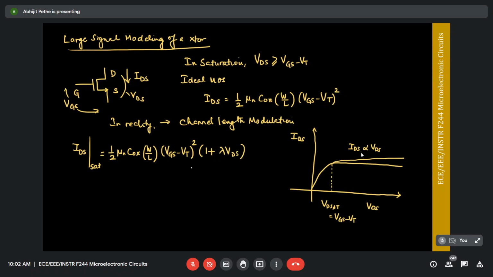And again, remember, this is a model. Physically, it does not have a meaning. The reason we use this model is that it approximates the behavior of the transistor very well for most nodes, right? This term, lambda, is known as the channel length modulation parameter.